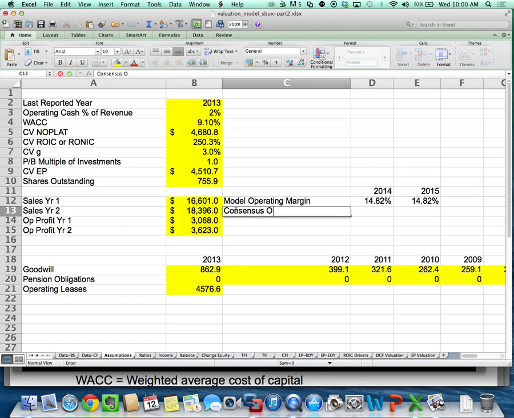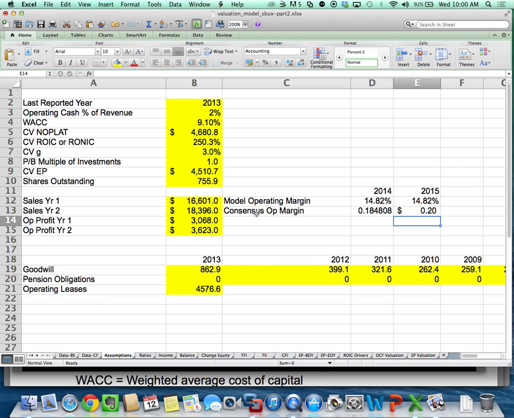Consensus operating margin, which is operating profit year 1 divided by sales year 1, equals operating profit year 2 divided by sales year 2. So this is what the market thinks the margin of Starbucks is going to be for the next 2 years. And this is what we currently have in our model.